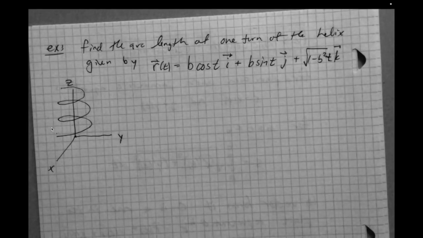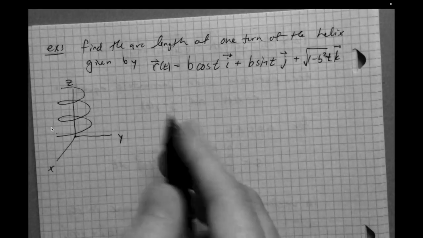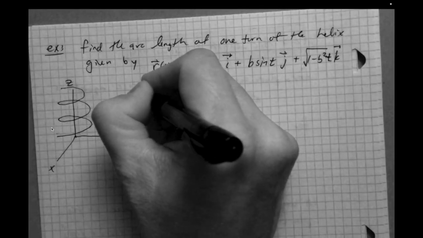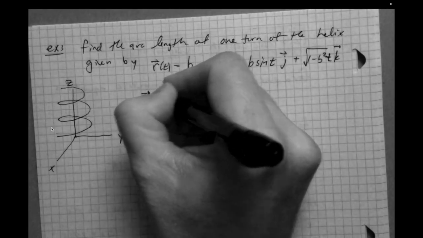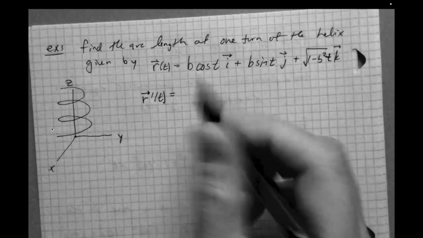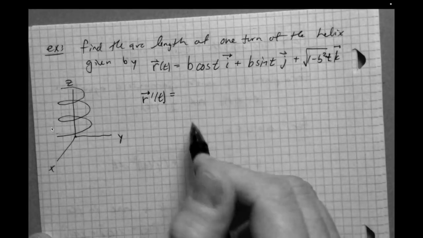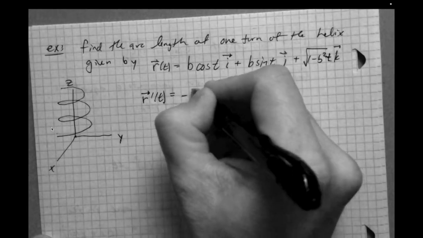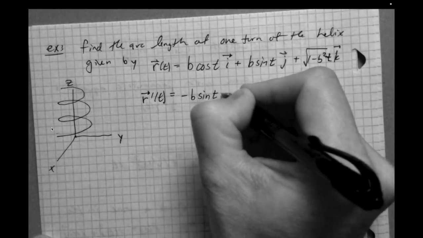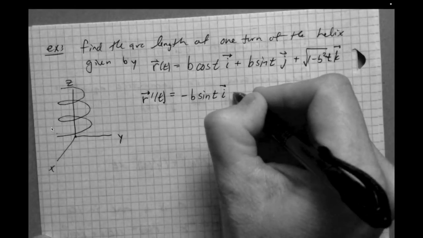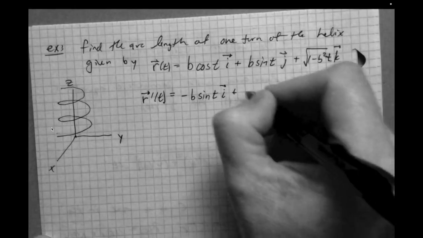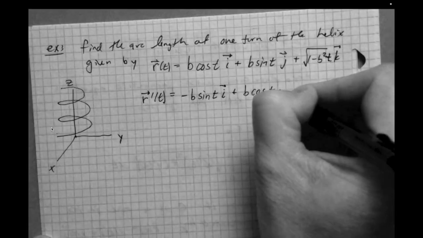So we'll start by differentiating r. What is the derivative of r? All we have to do is differentiate each of the components here, and it's relatively straightforward. So this will be negative b times the sine of t, i, plus b times the cosine of t, j.